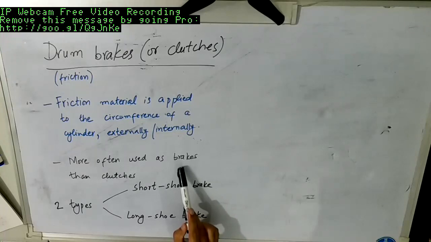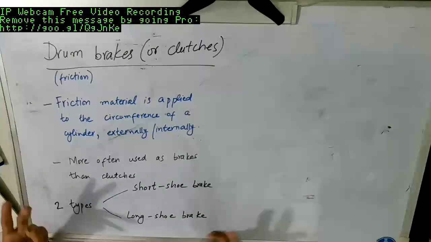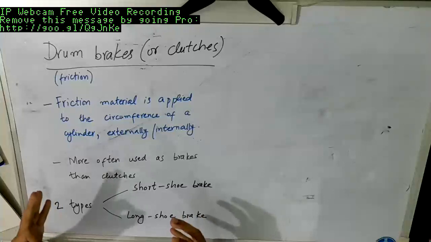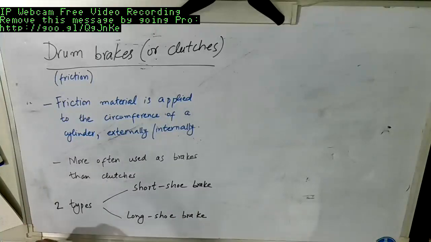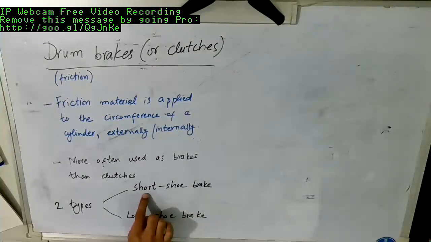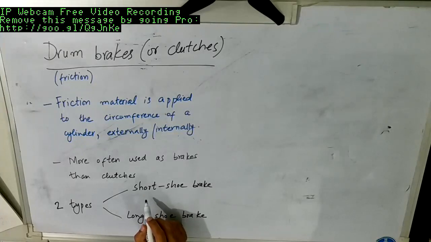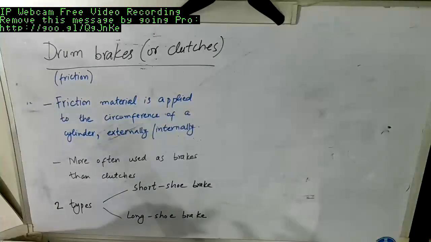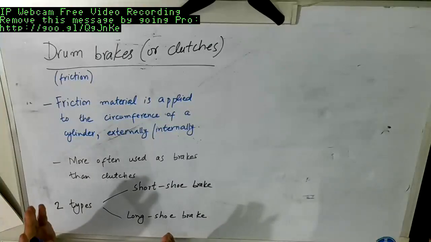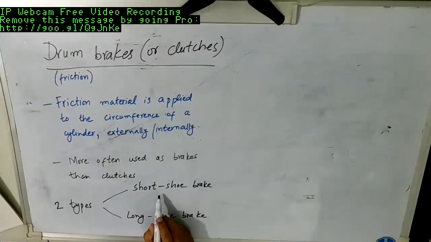So in brakes, as I previously explained, we have a shoe, which comes in contact with the surface in order to apply the braking force, and you have seen it in the bicycles. So the shoe can be short or the shoe can be long, hence the name short shoe brake or long shoe brake. Now where is the line between short and long? In case of short shoe brake, since this is a cylindrical surface and it is a circumference, we measure the angle subtended by the shoe at the center of the wheel.